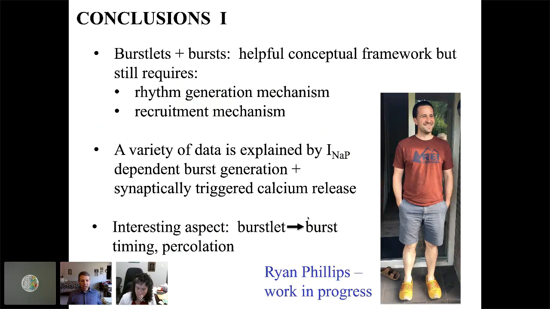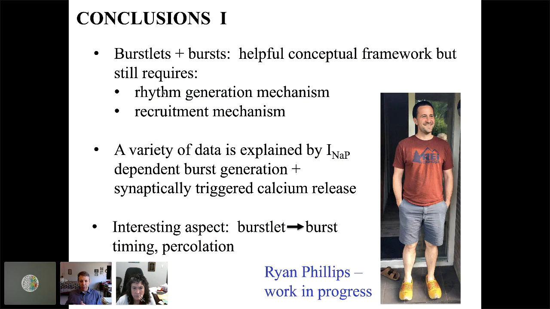Here's Ryan, and here's what I showed you in part 1, that the burstlets and bursts idea is an interesting theoretical concept, but you still have to implement it, right? So you still need to say, what is the rhythm generation mechanism? What's the recruitment mechanism?